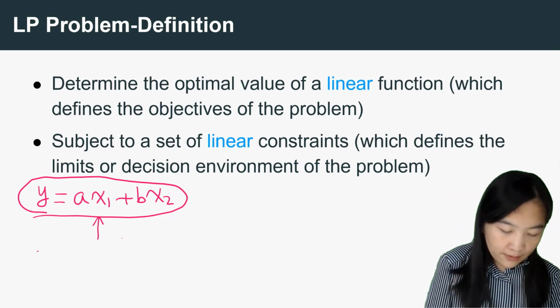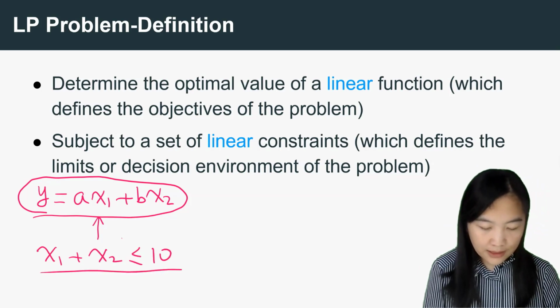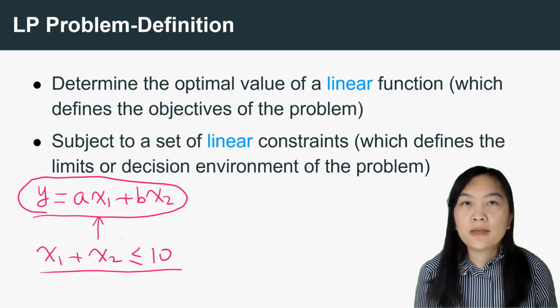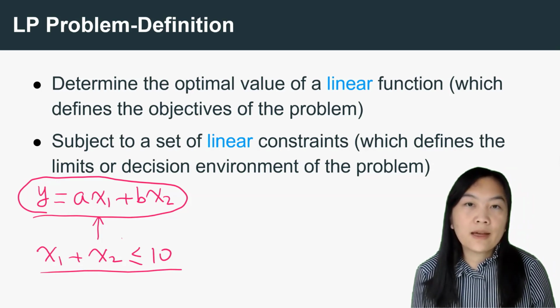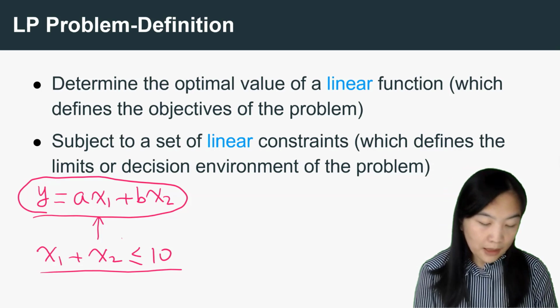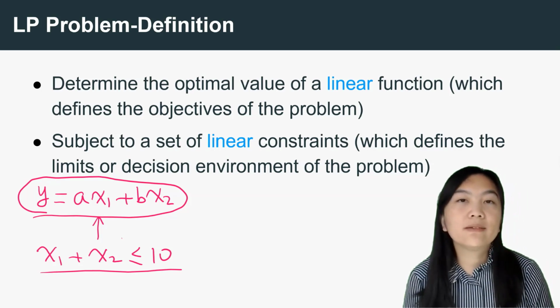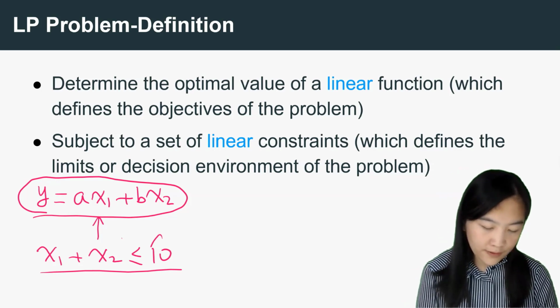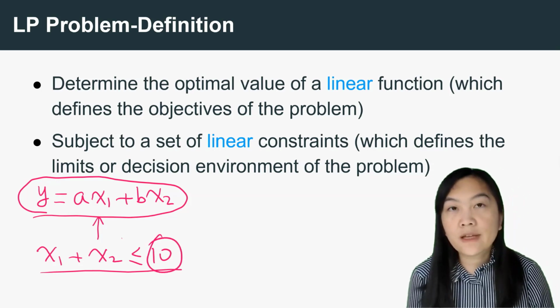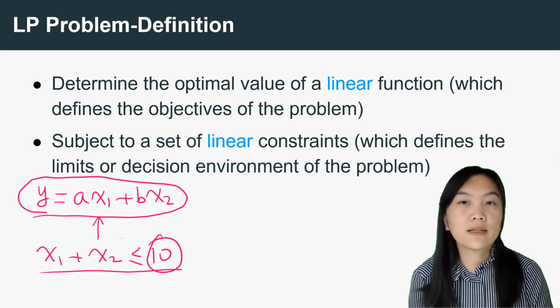So you might have x1 plus x2 smaller than or equal to 10. What does that mean? Maybe x1 and x2 are the land used to produce 2 different outputs, and you have a total of 10 hectares of land available, so you can only use less than that amount of land. So it's a constraint.